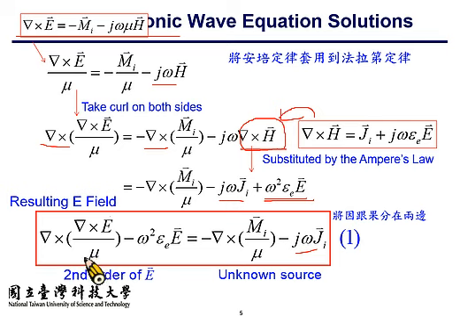So that is the second order differential equation of E. Also, the second term goes like this: omega to the square times epsilon times E. So, as I reminded you earlier, when it comes to omega to the square, it means that you have performed time derivative twice.